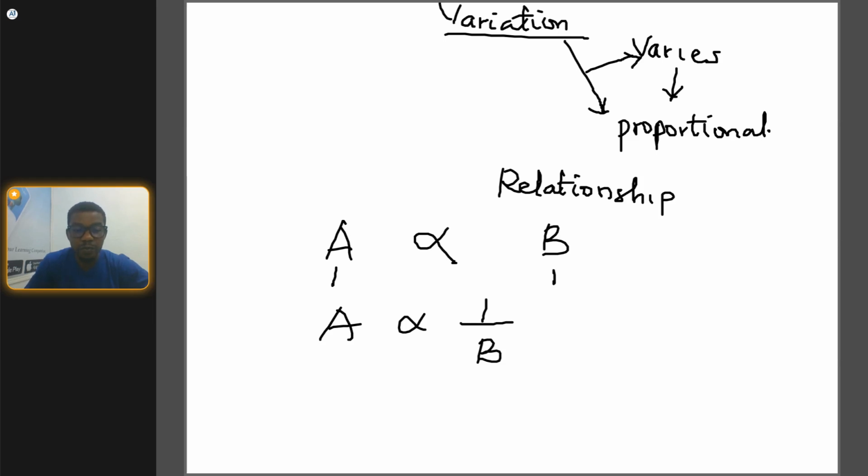That means the relationship here is indirect, and the relationship there is direct.